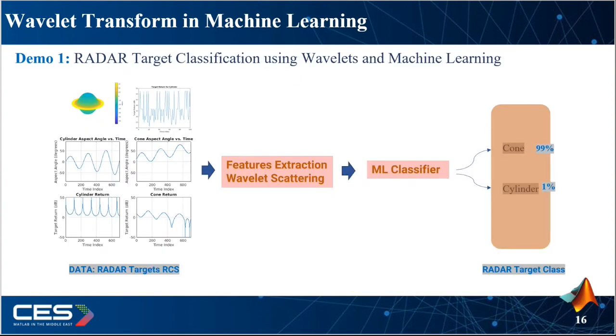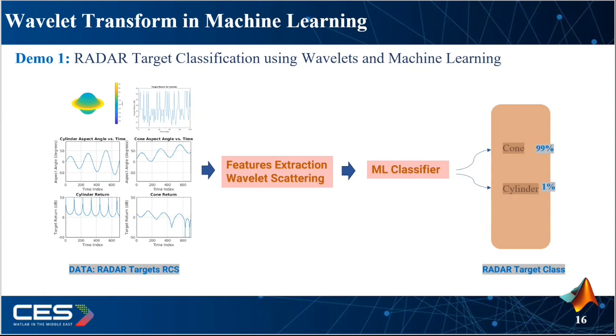So the first demo is radar target classification using wavelets and machine learning. The data that I'm using here is synthetic radar target RCS, and RCS, for those who are not familiar with this, is radar cross section. It is something that we can use to distinguish between targets or classify targets.